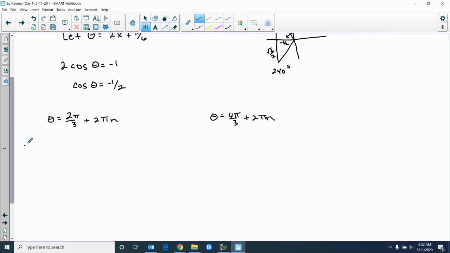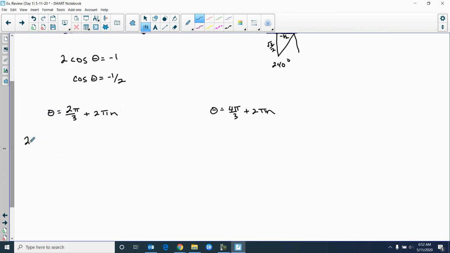All right, so take your theta out, and we have to put in 2x plus pi over 6 back in. And so I get 2x plus pi over 6 equals 4 pi over 3 plus 2 pi n.